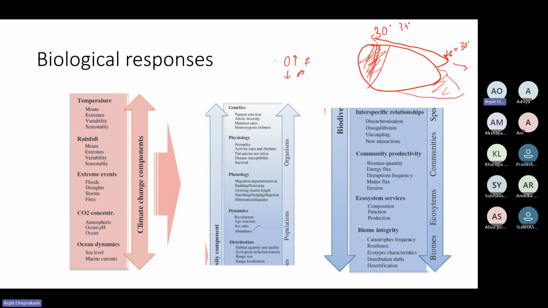Then that will lead to phenological changes, which is changes in flowering time, changes in pollinator maturation and stuff like that, which might also lead to desynchronization. So it might happen that some plant is getting pollinated by a bee. The plant needs a certain temperature to flower, whereas the bee looks at the amount of sunlight to go forage.